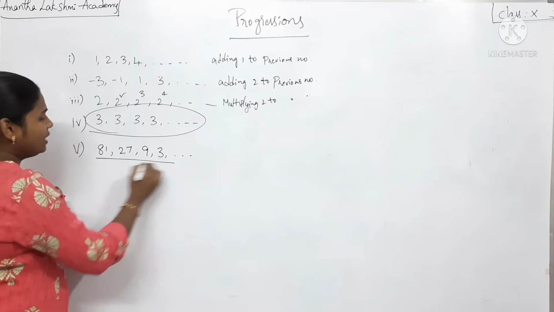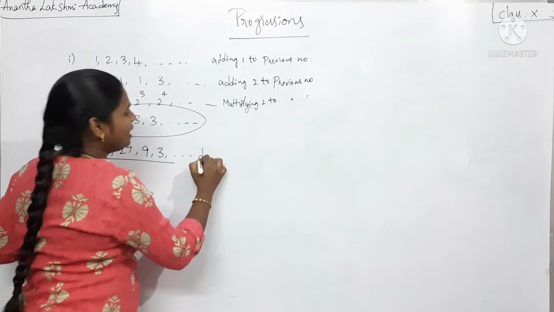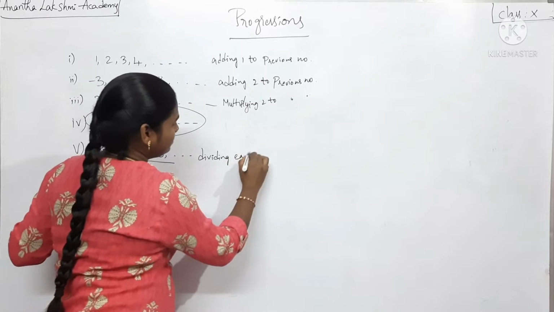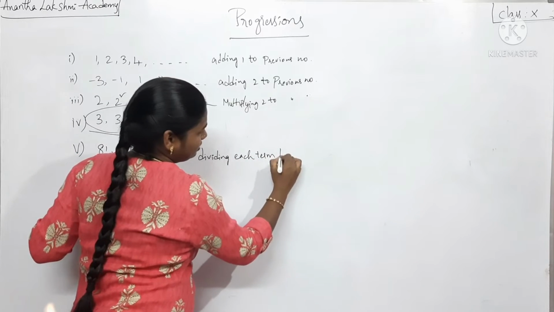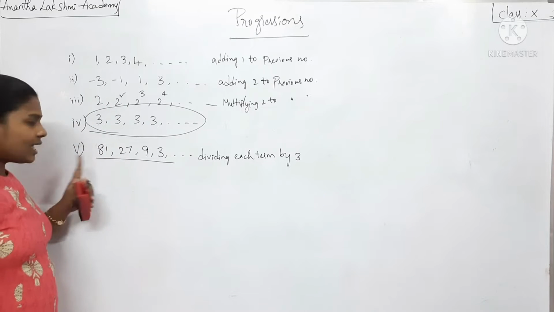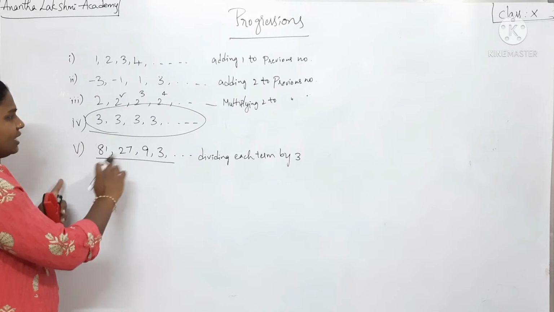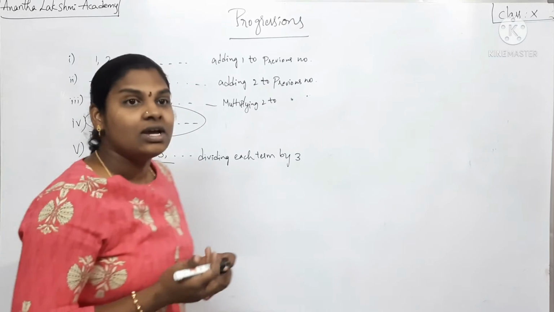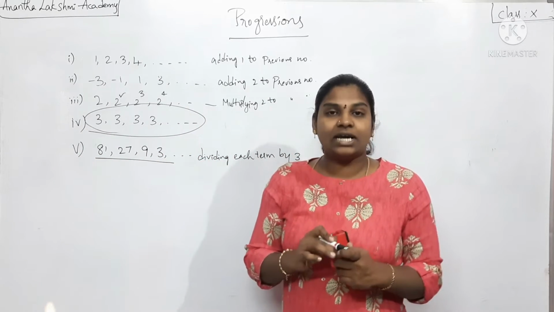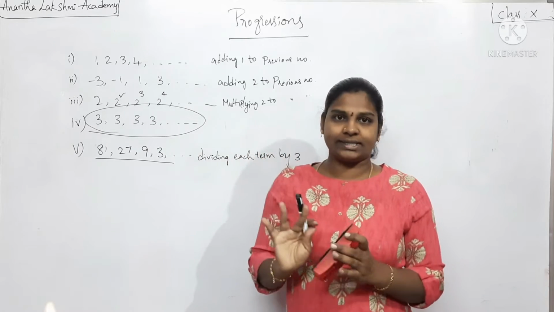This series is obtained by dividing each term by 3. These are nothing but lists of numbers which are progressing. This is when you call a series as progressing.